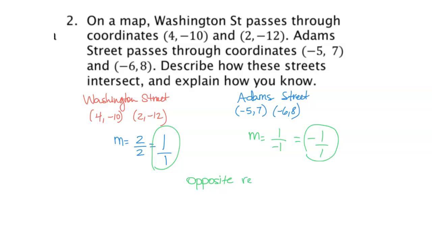And then reciprocals means that we've flipped the fractions. And in this case, 1 over 1 is the same thing as 1 over 1 flipped. So these are opposite reciprocals. So that means that these two streets are perpendicular to each other. And with that, we are done with our lesson 4.